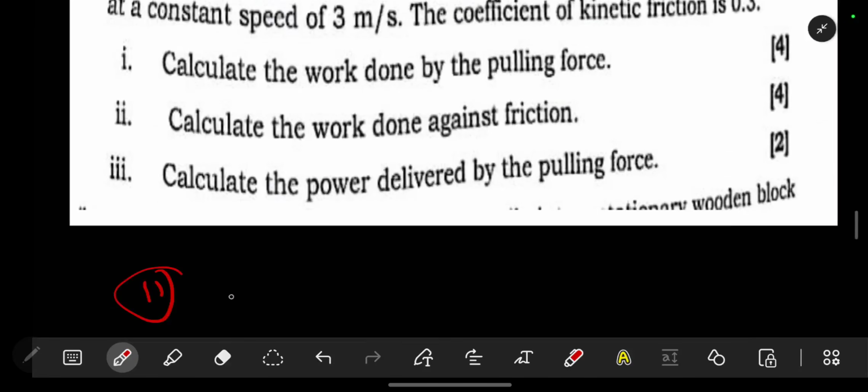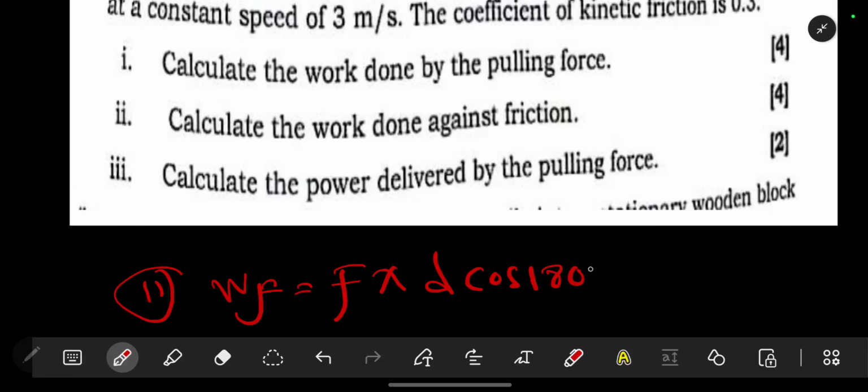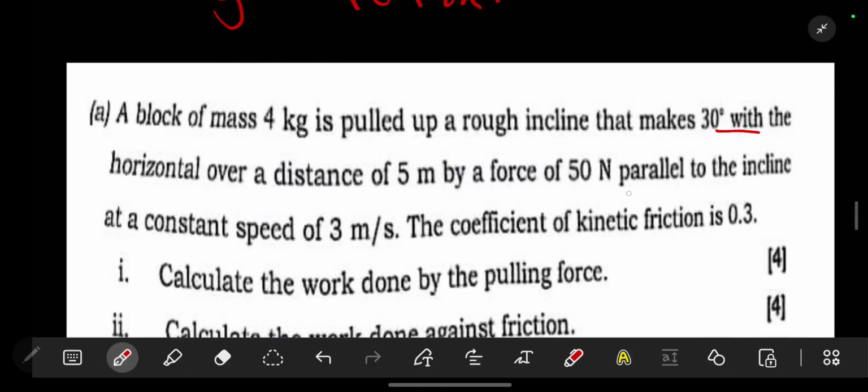Therefore, the work done by the friction will be equal to the frictional force times the distance with the cosine of 180 degrees. This cosine is the relationship with the incline.